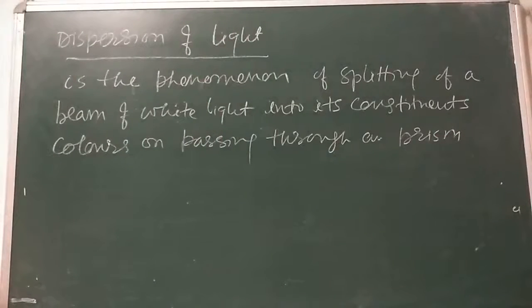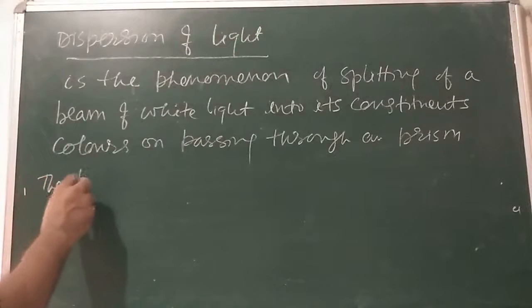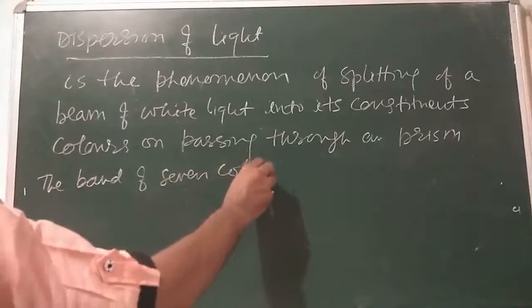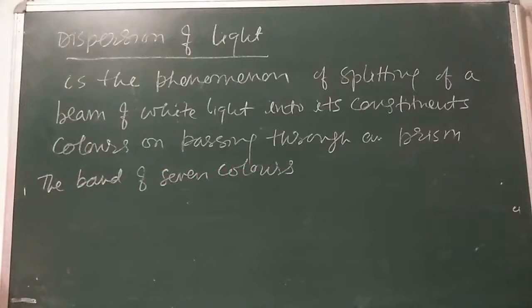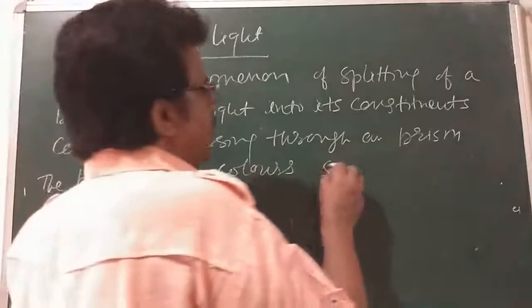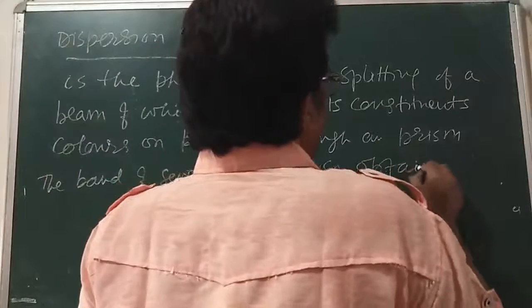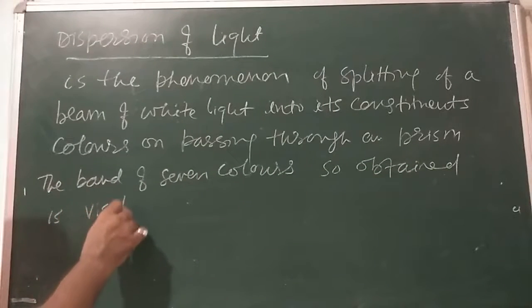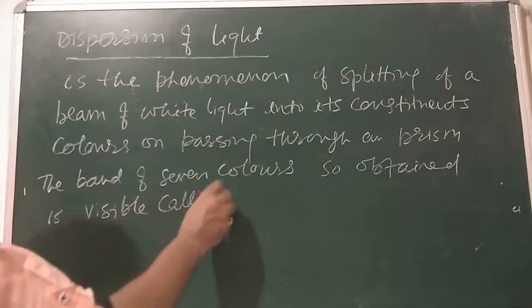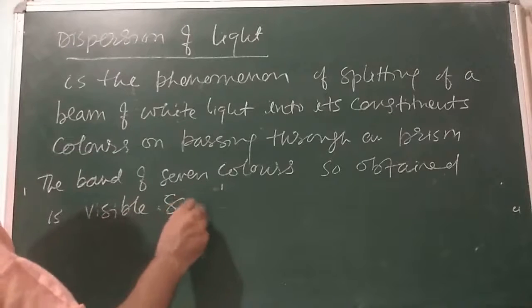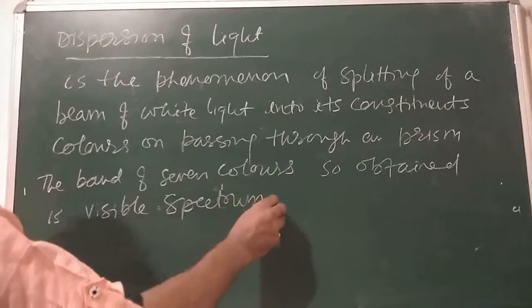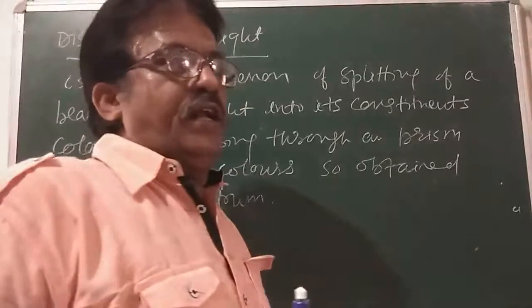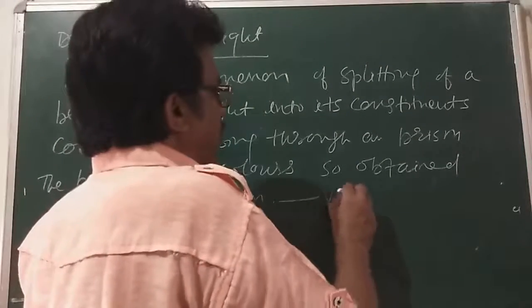So, the band of seven colors so obtained is called the visible spectrum. And the order of the colors that I told you, VIBGYOR.